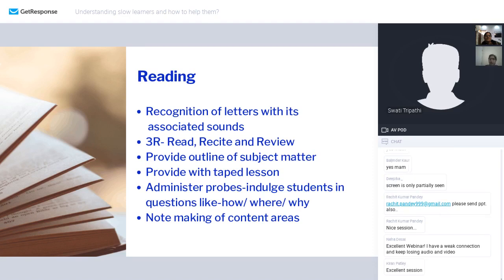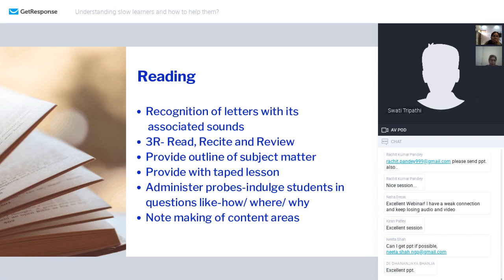For understanding the matter, we can give an outline of the matter beforehand, which we will be taking in the next class. We can also provide them with taped lessons or a buddy fellow, as Simi referred. We can also help them in note making of the content areas.